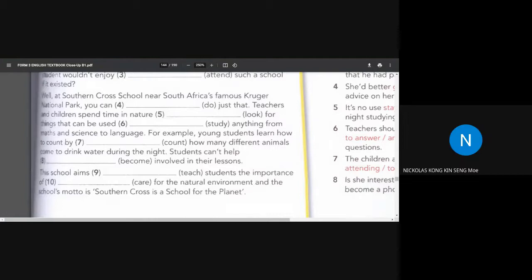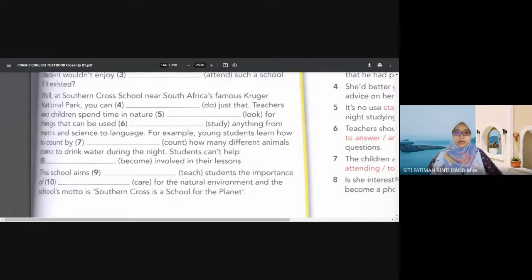To teach. Good. To teach students the importance of caring for the environment. Very good. Of is a preposition, so must use gerund. And the school's motto is Southern Cross is a school for the planet.